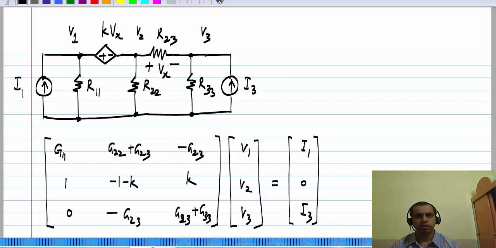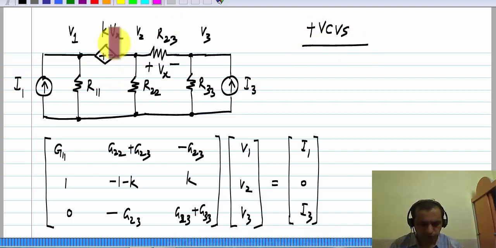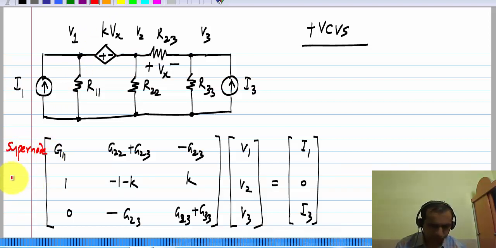Next, we look at including voltage controlled voltage sources into our circuit and carrying out nodal analysis. Now when we have a voltage controlled voltage source, just like the independent voltage source, we have to form a super node and we have to add the equation for the voltage source.